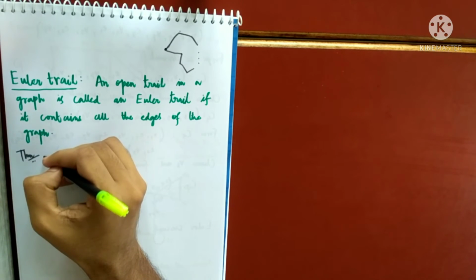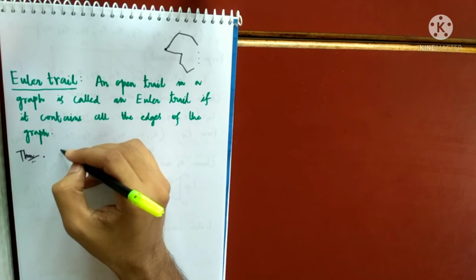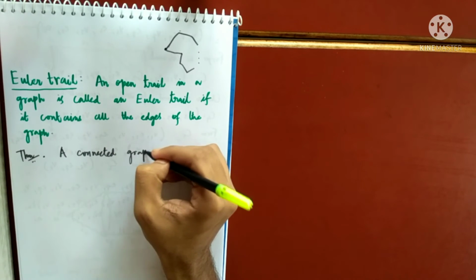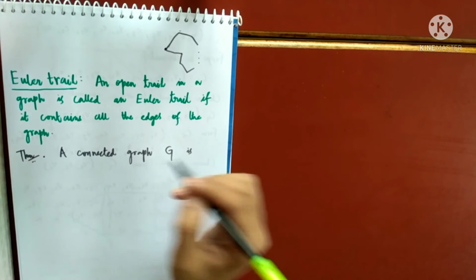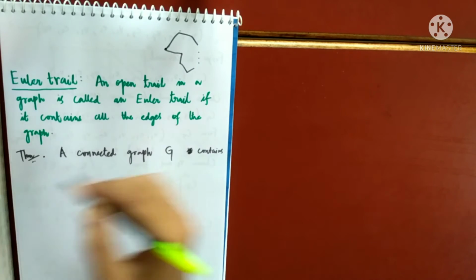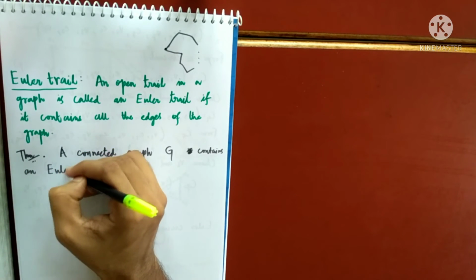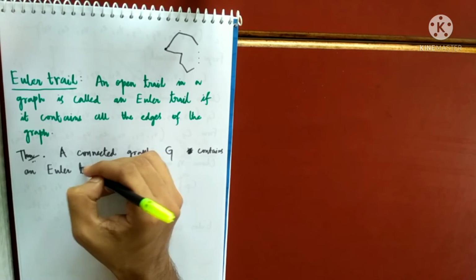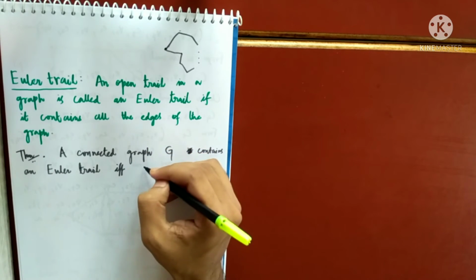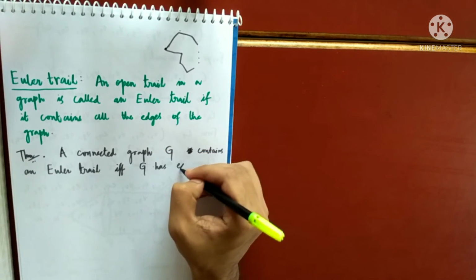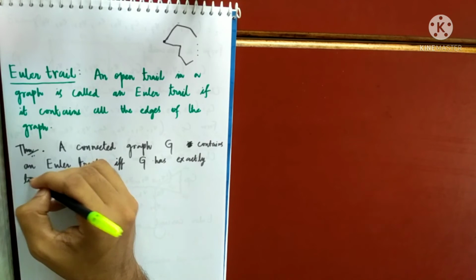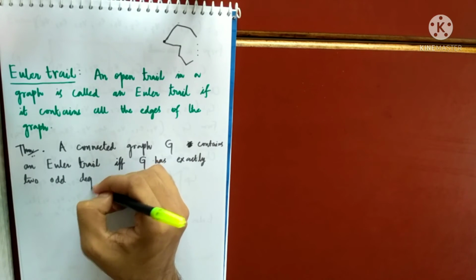So this is the next theorem, which tells you that a connected graph G contains an Euler trail if and only if G has exactly 2 odd degree vertices. So this is a necessary and sufficient condition, and it is very interesting.